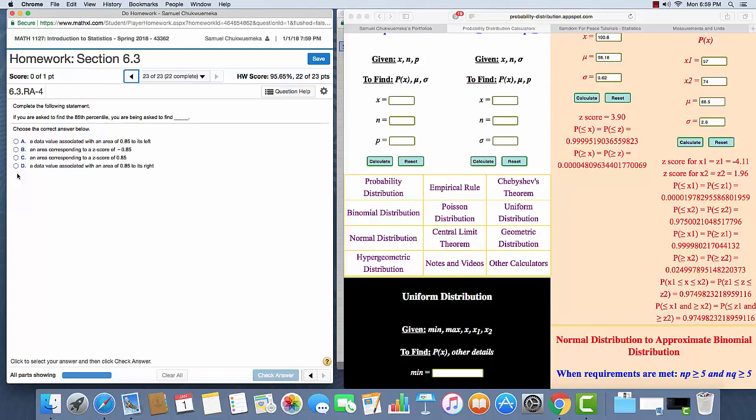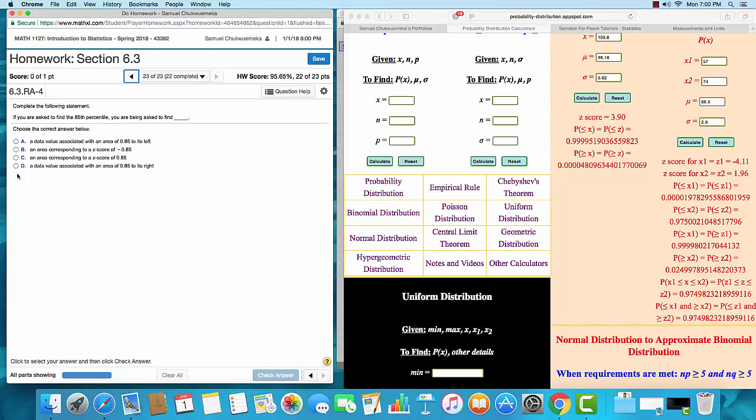So is it the data value associated with an area of 0.85 to the left? Yes, the 85th percentile is that data value, the value of the variable that separates the lower 85% from the upper 15%.